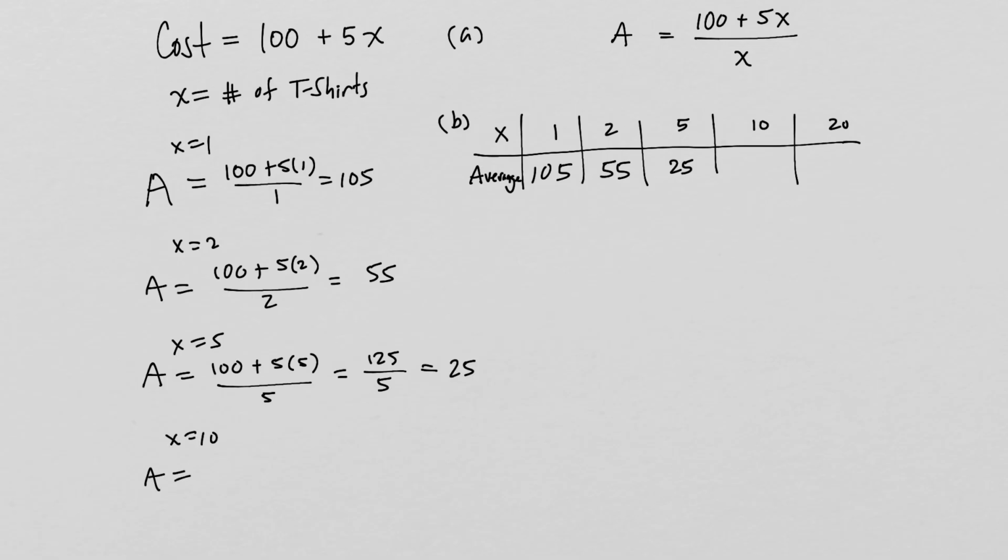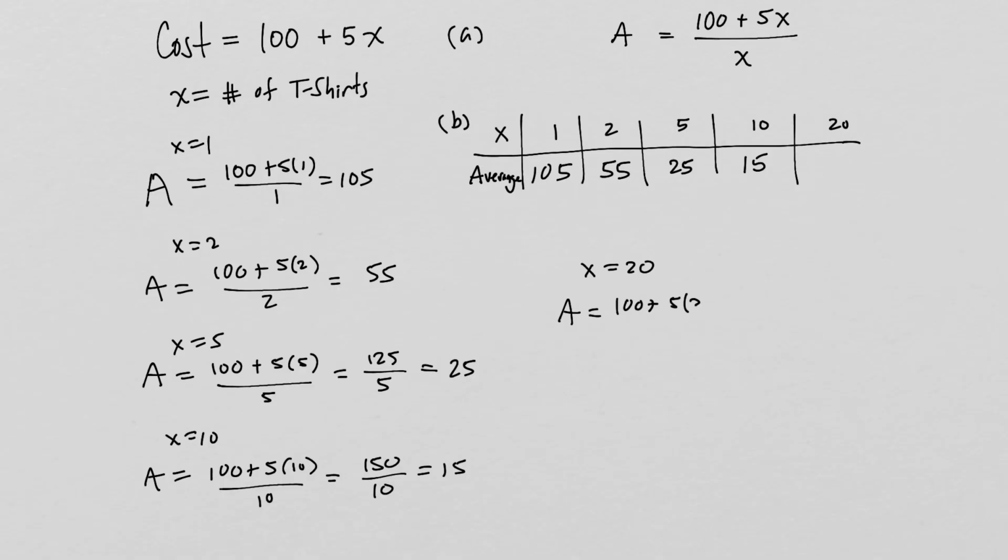Well, here the average cost is going to be 100 plus 5 times 10 divided by 10. This is 150 divided by 10, which is $15. So you see, the more t-shirts you make, the less it costs per t-shirt. If you make 20 t-shirts, the average cost is going to be 100 plus 5 times 20 divided by 20. This is 200 divided by 20, which is 10.